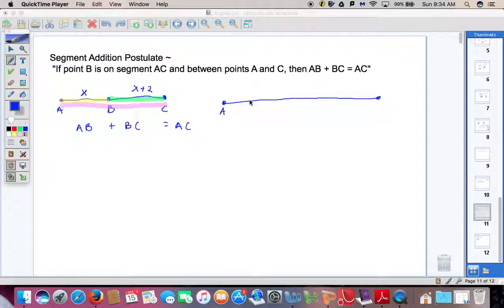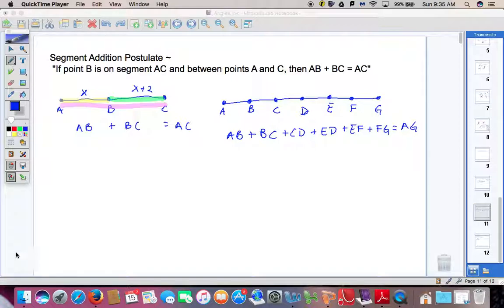We could say from A to B, and B to C, and C to D, and D to E, and E to F, and F to G equals A to G. So we could keep going. We could say the distance between A to B plus the distance between B to C plus the distance between C to D plus the distance between D to E plus the distance between E to F plus the distance between F to G equals the distance between A to G.